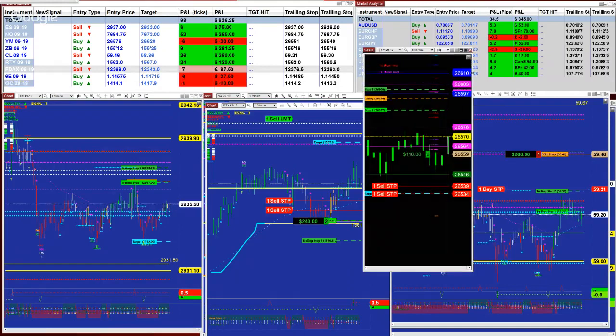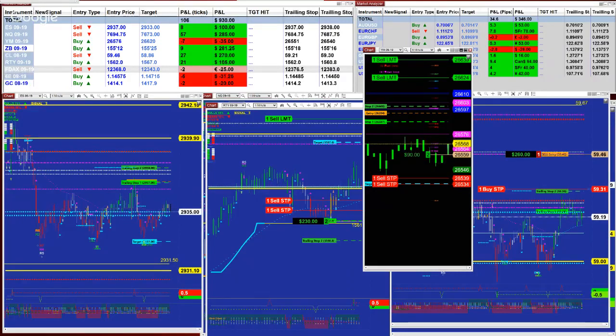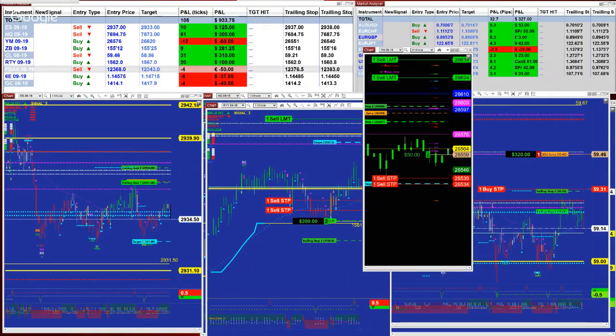I told you guys, this one here, the YM, started taking a trade, and it took a trade. On the ES it is still flat, but the YM started going.